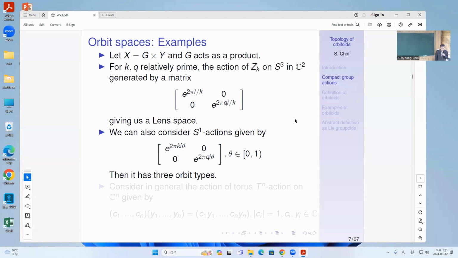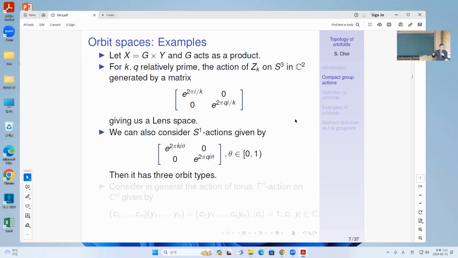Then you can see that it has three orbit types. If you look at C^2, if the first coordinate is 0, then it's only acted on by the e^(2 pi i q theta). The period is when it becomes the identity after some time, so at 1 over q it becomes the identity again, and at 2 over q again.